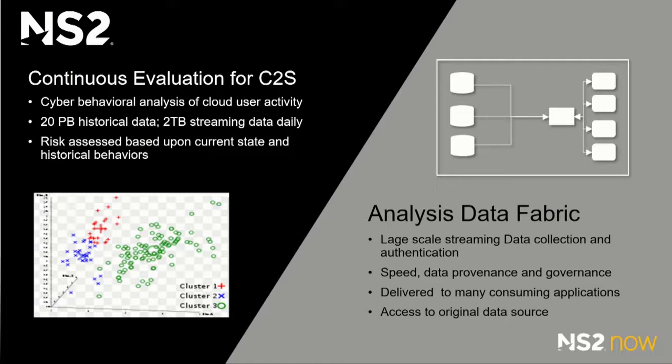And crucially, this fabric has to be able to allow access to the original data source. So once the analysis process performs sense-making, very often the analyst wants to see, now I want to see the original source of this data before this goes to dissemination.